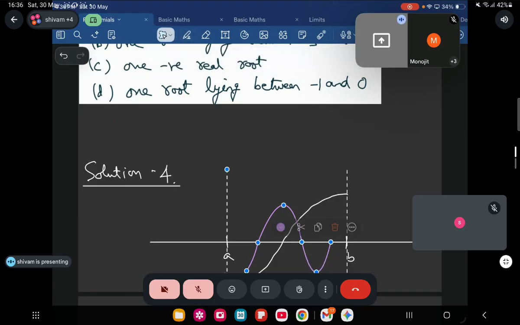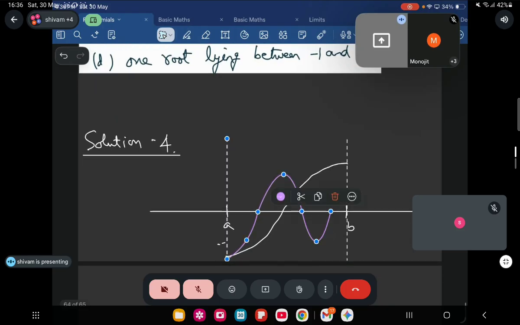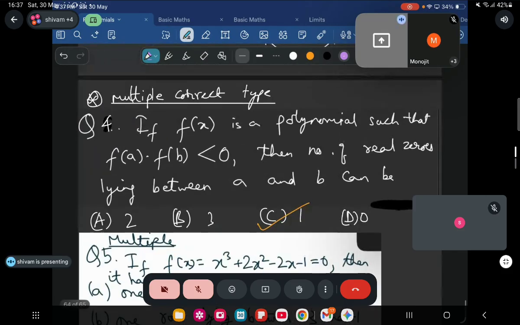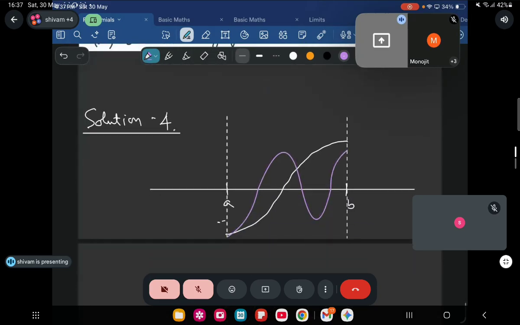Is it possible that it can have two roots? Tell me. Then both will be positive or negative. Is it possible to have two roots? Means, is it possible to have two zeros?